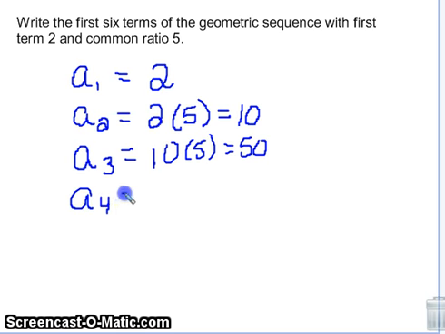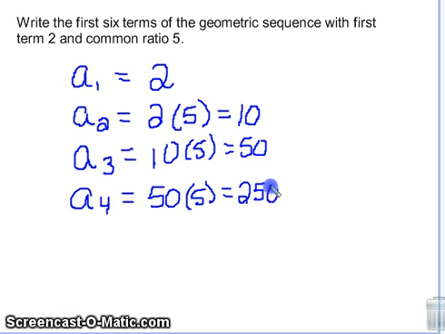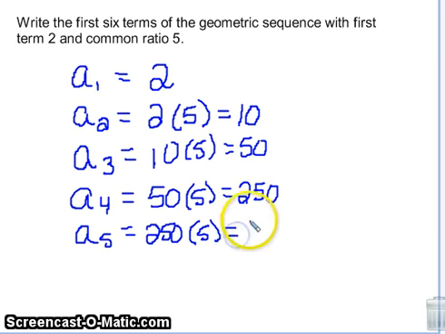Your a sub 4 is going to be 50 times 5, which is 250. Your a sub 5 is going to be 250 times 5, which is 1,250.